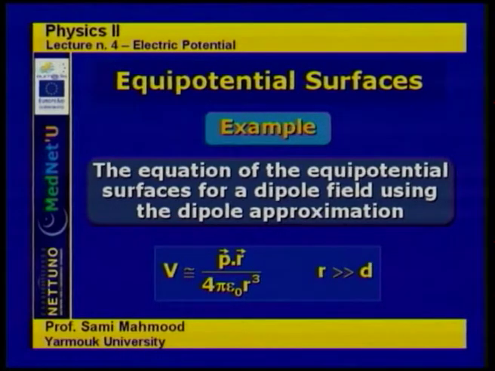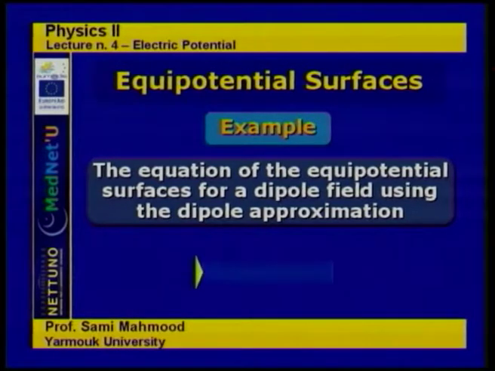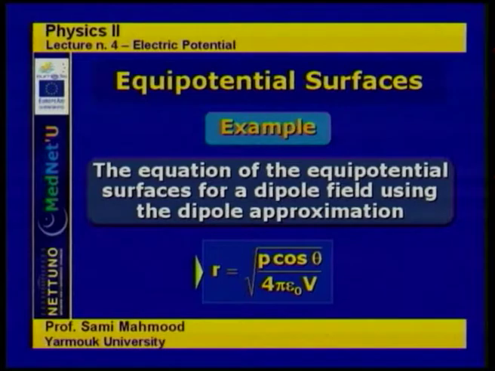If we set V equal to a constant, that is for an equipotential surface, then we can derive the shape of the equipotential surface for the dipole, which we have constructed a little while ago. And that shape of these surfaces is simply R is equal to the square root of P, the moment, over 4 pi epsilon naught V times cosine theta.